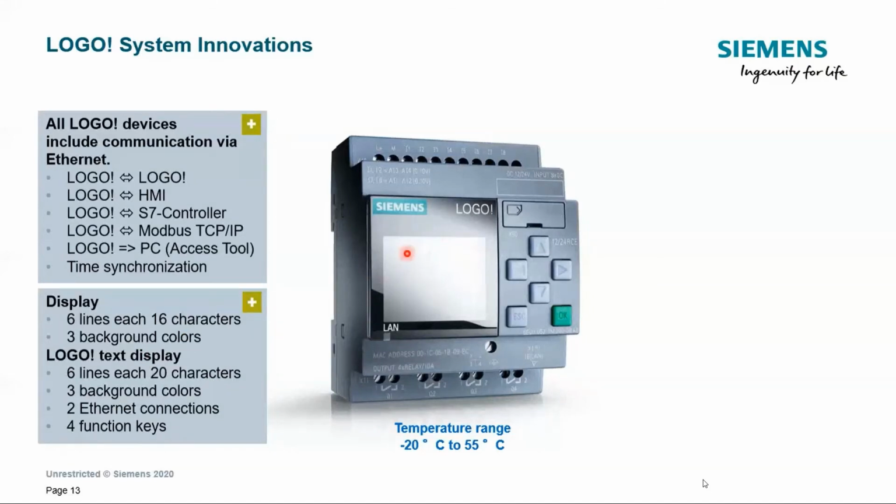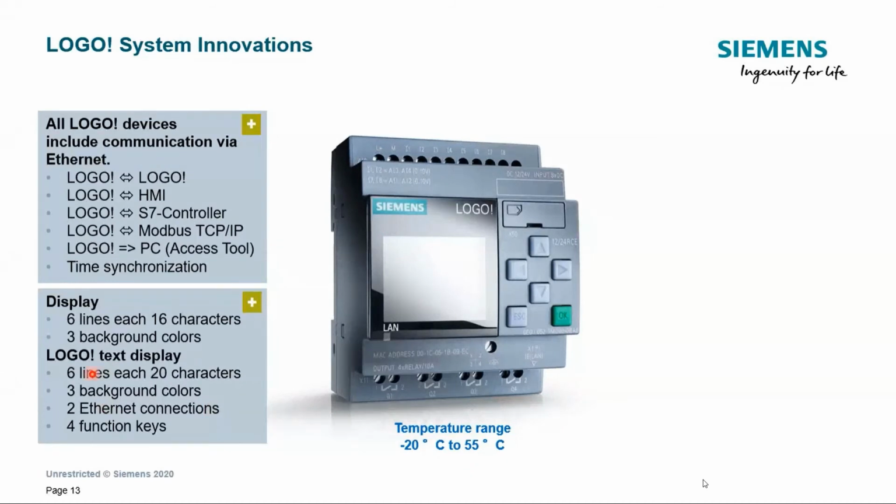However, for both of them, and this is very interesting, you can control the color of the background between 3 different colors. This is very useful if you want to indicate some warning or error status of LOGO. If you are also interested, you can have it configured in the program to have it flashing, so switching the color on and off.